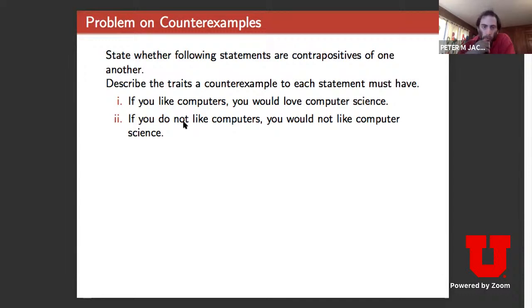Okay, so Alec is stating that these are not contrapositives, and that's right.